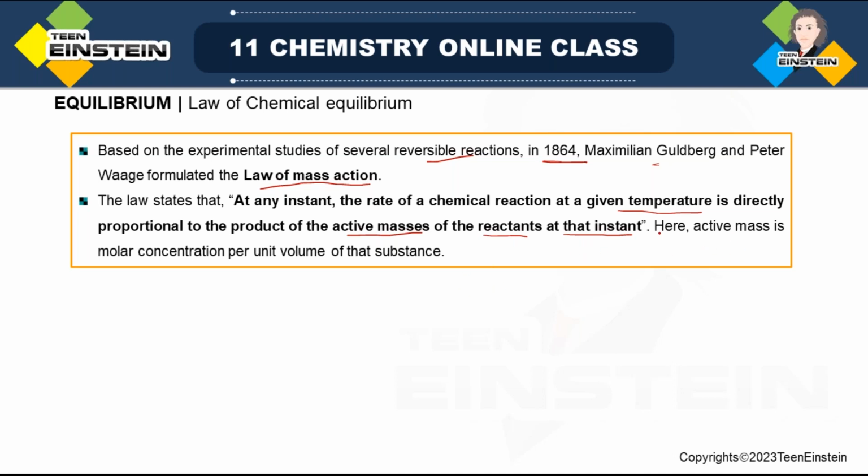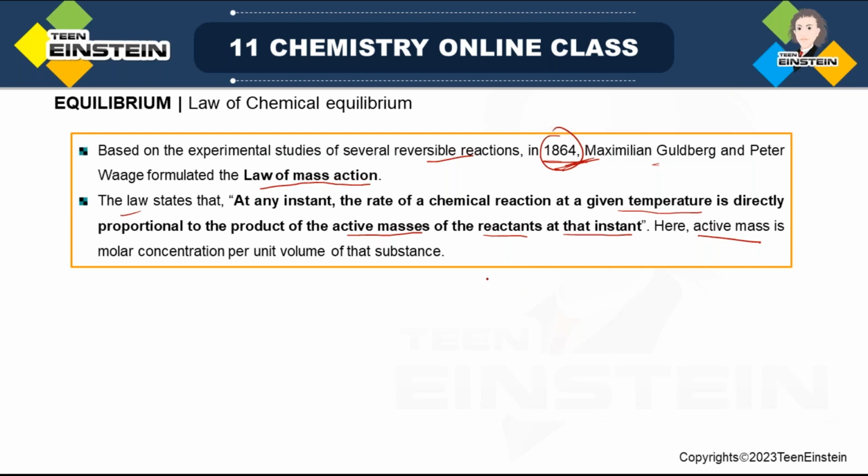Now, what is the meaning of the term active mass? In older days, you can understand it is 1864, the term active mass was more popular compared to the term concentration. Actually, it is the same thing as concentration. But if you want to know the statement of this law as stated by them in 1864, they used the term active mass.